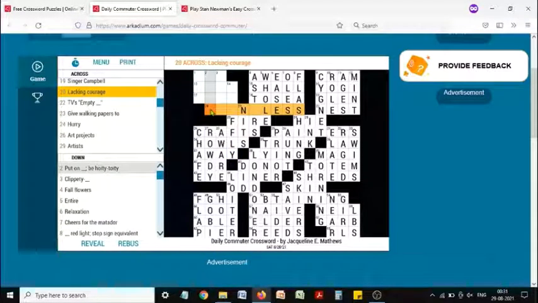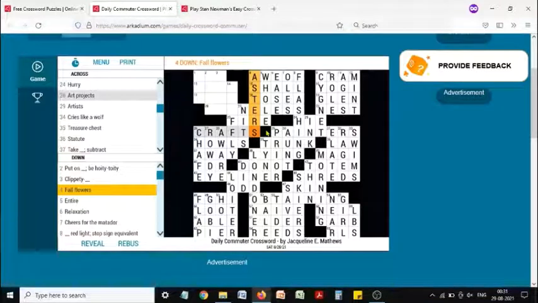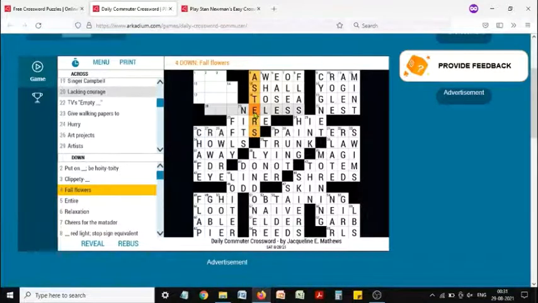Now let's look at 20 across. Lacking courage. I think this has to be 4 down, has to be esters. That's the only one which makes sense, even though I've never heard of a flower called ester. So, right, it fits here, esters.